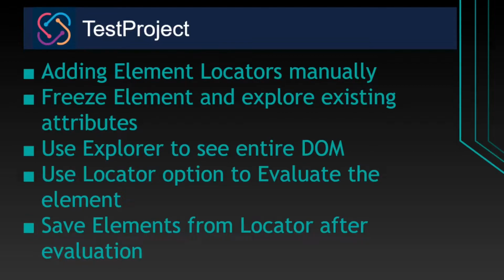I'm also going to teach you how to use the locator option available in TestProject to evaluate the elements by changing the property values. And I'm going to show you how you can save the elements from the locator after evaluation. Basically you can save the element and then create a step from the saved element.